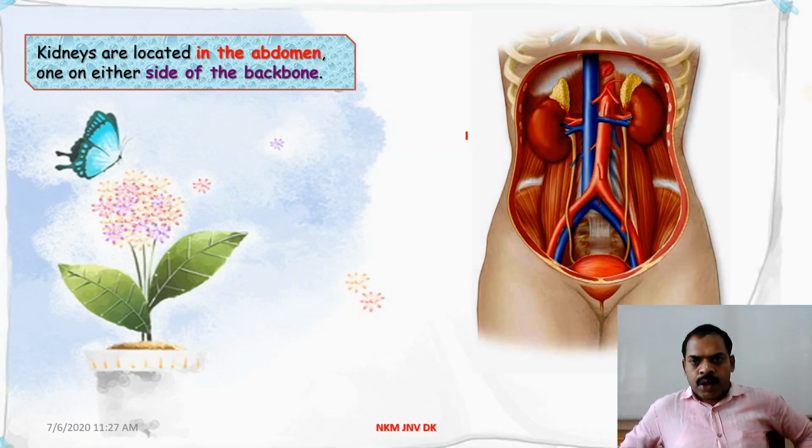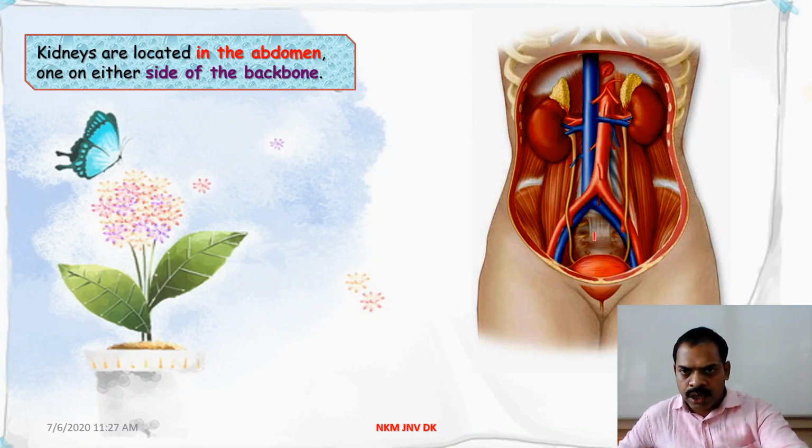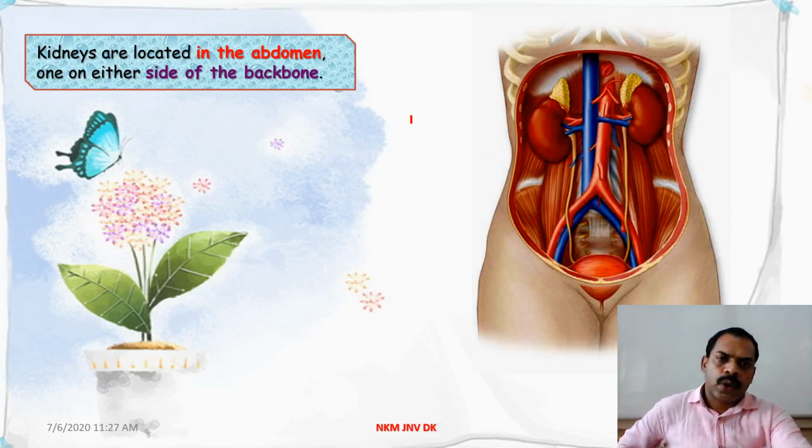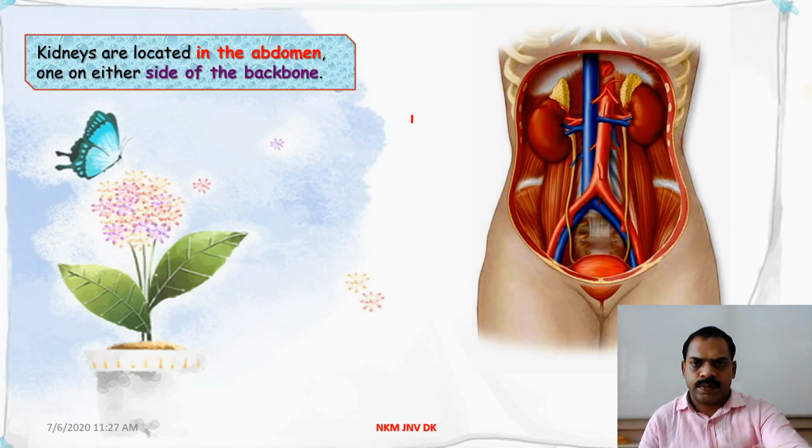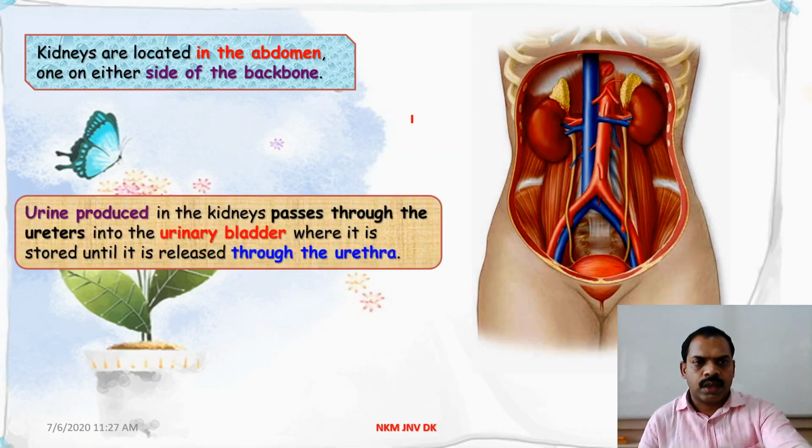Our vertebral column or backbone is there, and the kidneys are close to it on both sides. You can see here the backbone running over here, this white color.